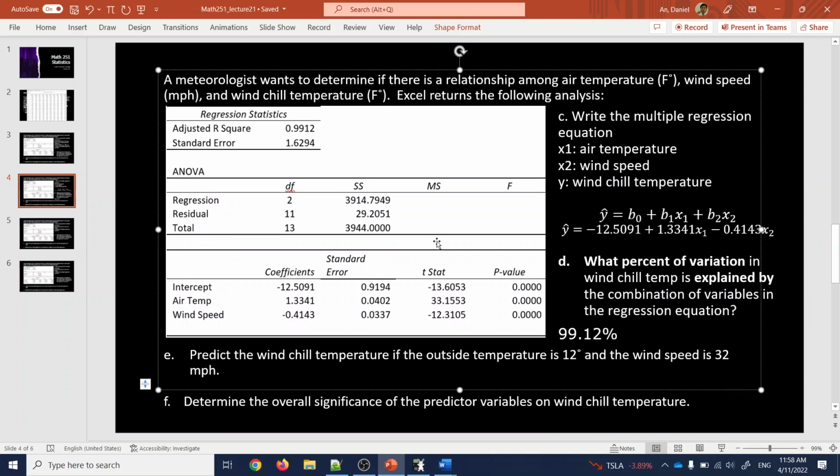Okay. Do you want me to explain anything again? Yes. So adjusted R square right here, 0.9912. That means 99.12% of the variation in the wind chill temperature is explained by the multiple regression. So the regression equation explains most of it.